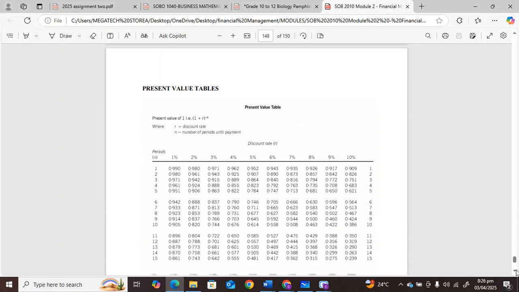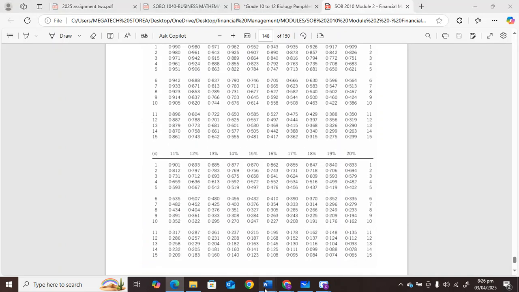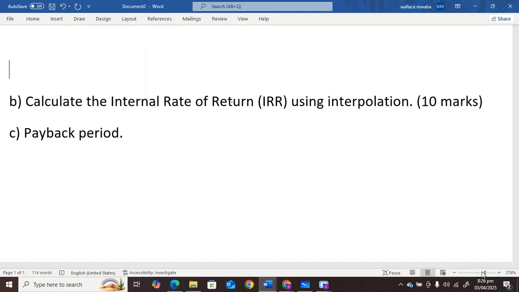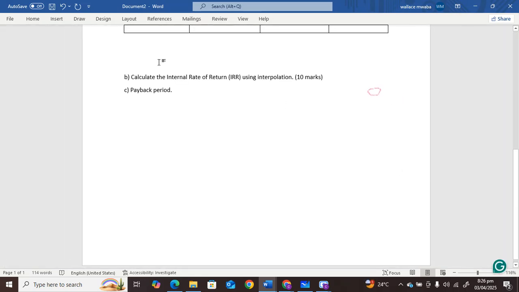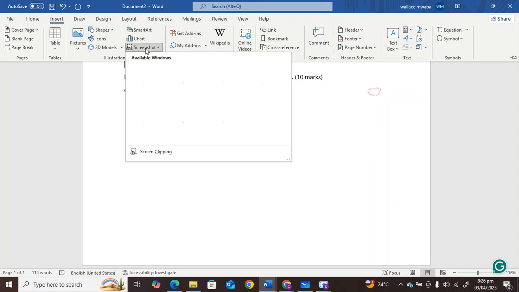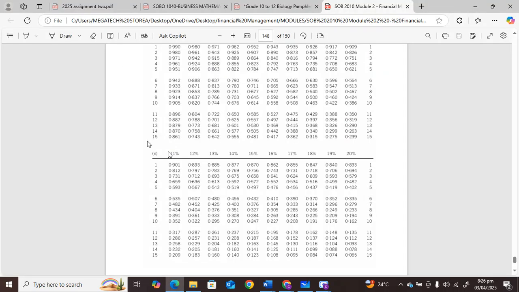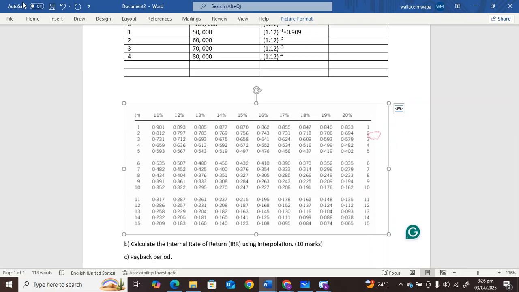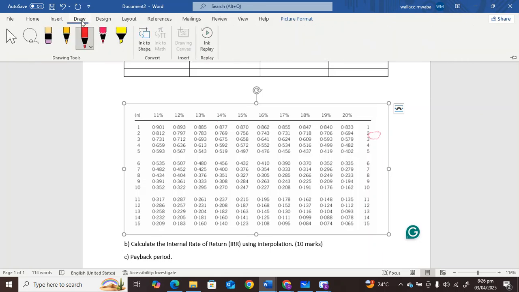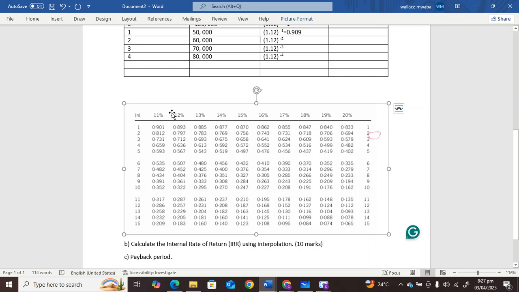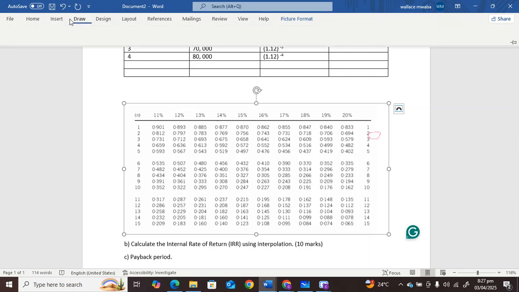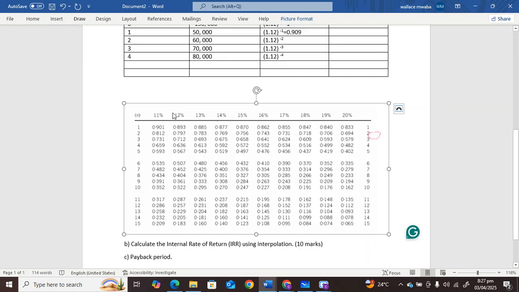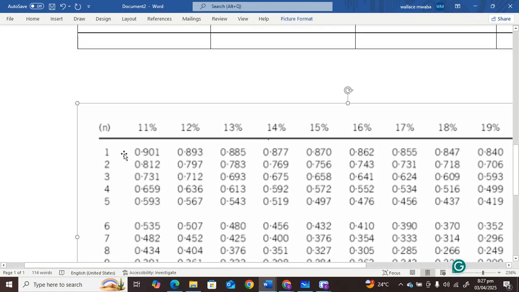Yes, here's a table where I can use 12%. So you look for a rate, it's here 12%. Year 1, our discount factor 0.893.